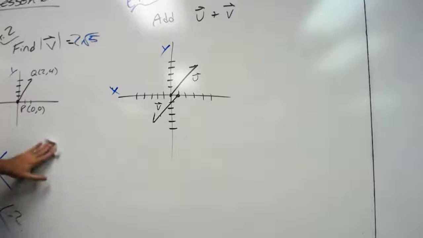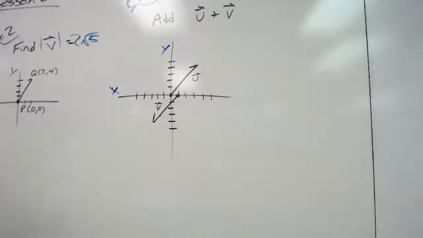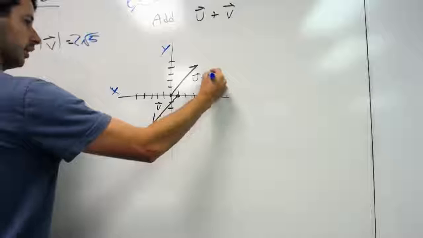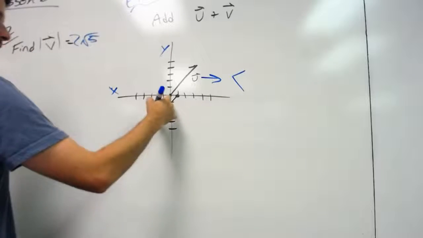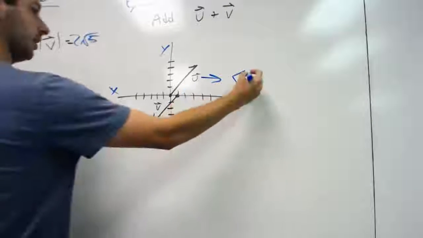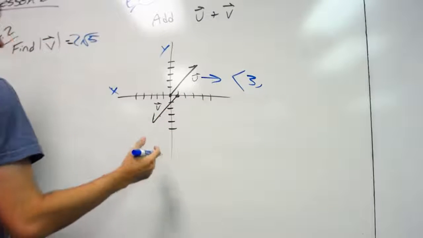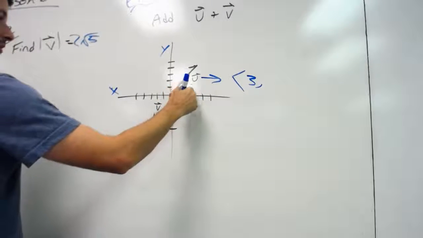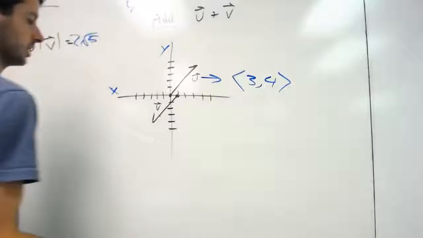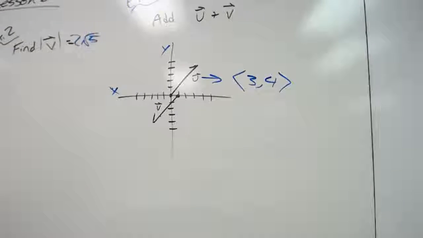So how we add them is we figure out their component form. What is their component form? So vector u, its component form, well, it has a change of 1, 2, 3 and goes positive and goes up 1, 2, 3, 4. So its change is 3, 4. So that's its component form.